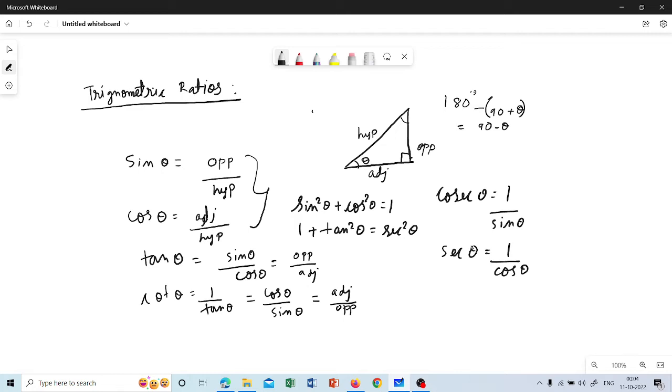And now I am going to say how to remember the table. There is a shortcut to remember the table.